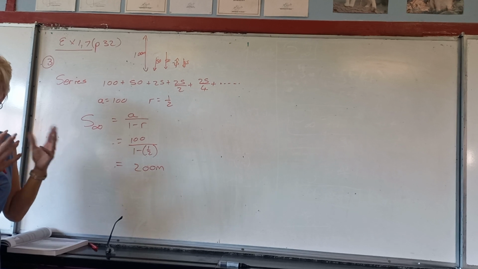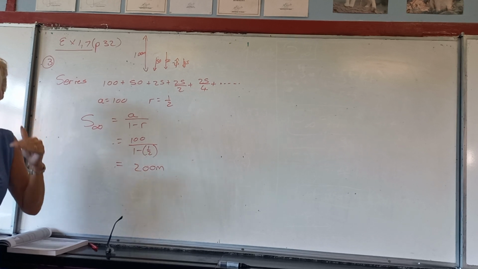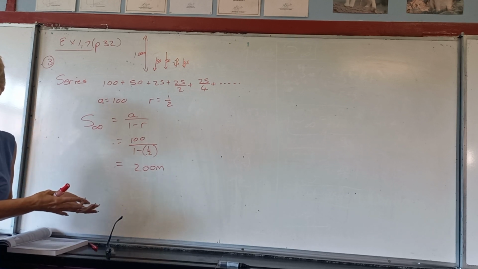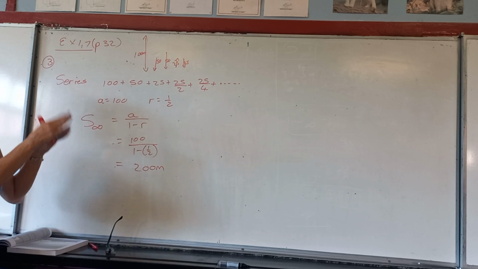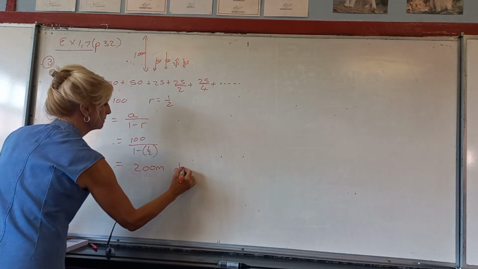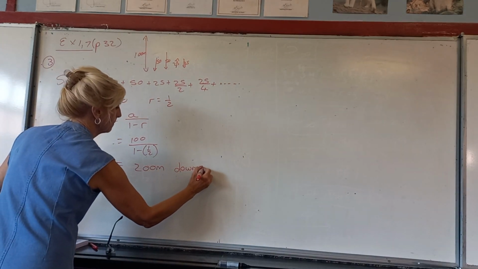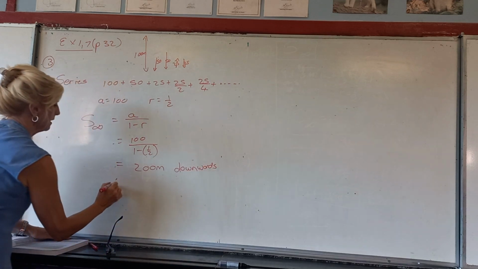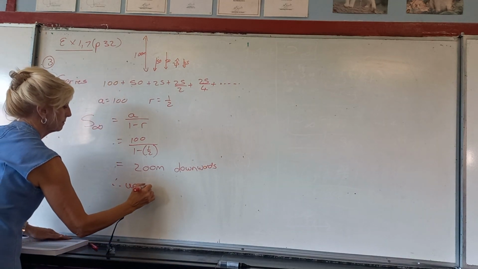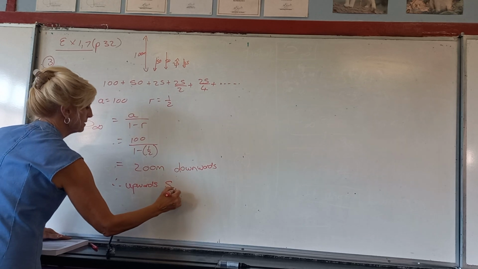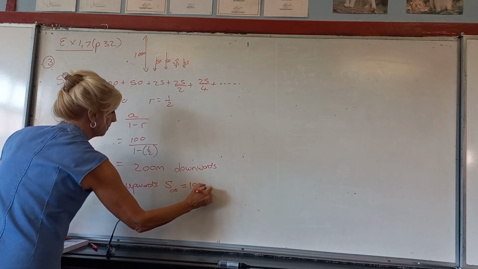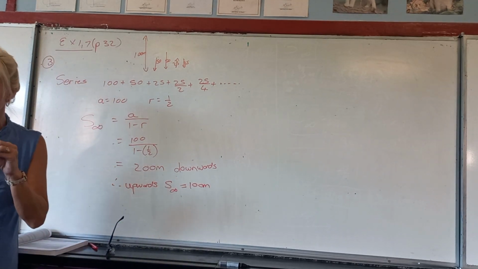But you see the twitches and turns that you've got to think of in this higher level type of sum. So this is just downwards, if you want to explain to the marker. So therefore, upwards, the sum to infinity was 100 meters.